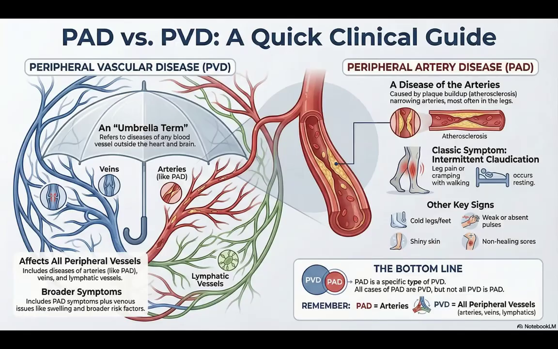PAD has kind of more specific symptoms than PVD, which are going to be caused by whether it's arteriosclerosis or chronic hypertension, stuff like that. But PAD, these individuals, they have a very classic symptom of claudication, which means that they have leg pain with cramping and walking, and then it'll stop.